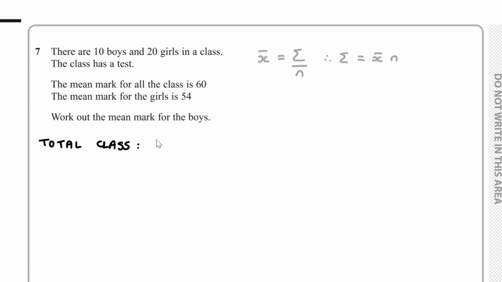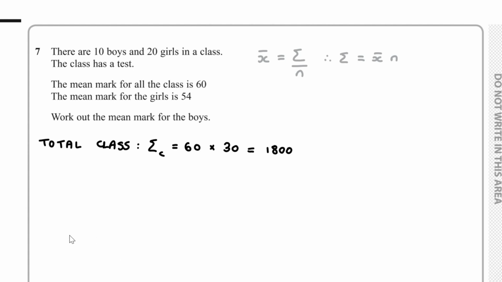So for the entire class, the total marks is the mean, which is 60, multiplied by the total number of students in the class, 10 plus 20, which is 30. So of course the total marks is equal to 1800.